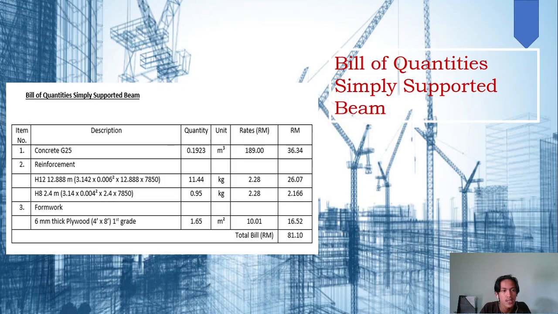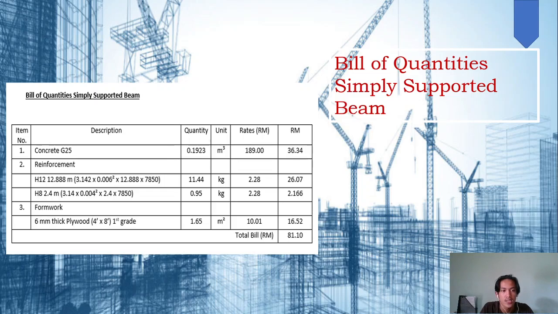So for the concrete G25, the quantity that we get before this is 0.1923 in meter cube, and then the latest rate of the concrete G25 is 189, and then the price of the simply supported beam for concrete is RM 36.34. And for the reinforcement, we have two types, H12 and H8, whose rates are still the same in the market.